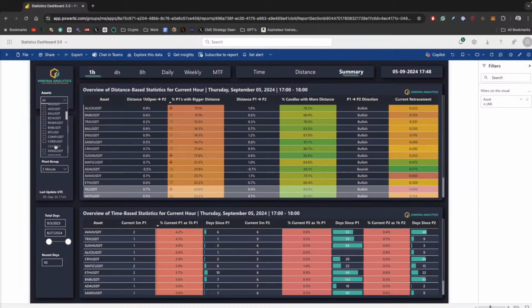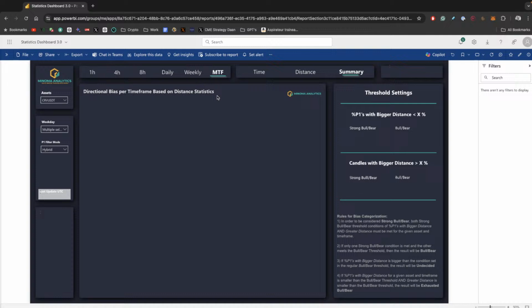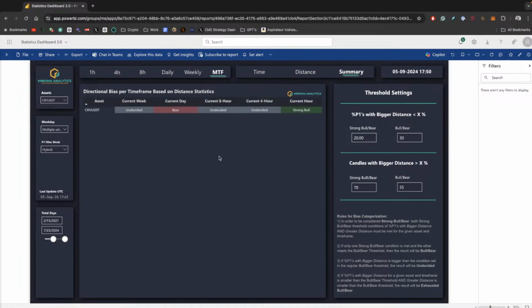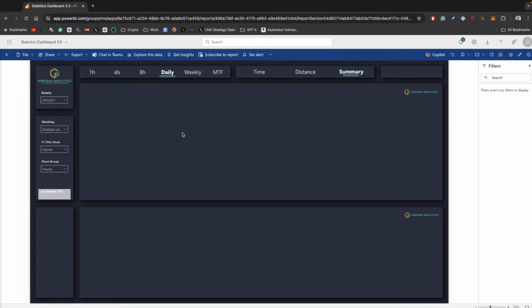Let's just check CRV. Yeah, also strong bull on the hour, but other than that, nothing much.